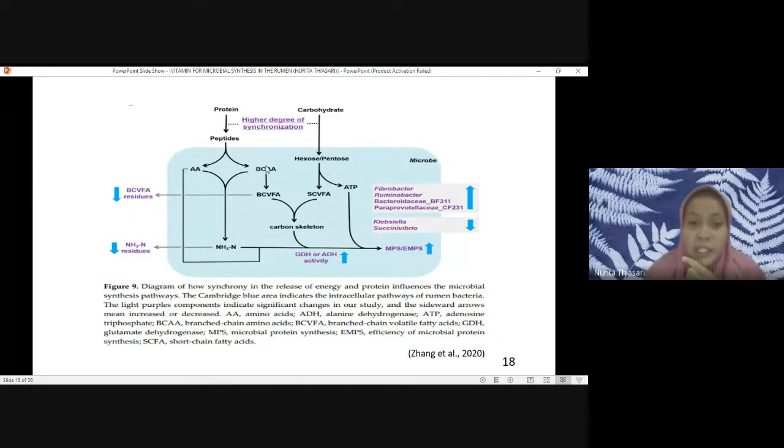And next, this one I would like to explain more about the BCVFA. The BCVFA comes from protein.